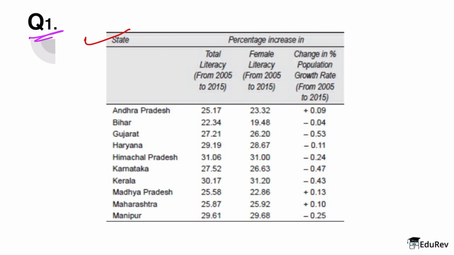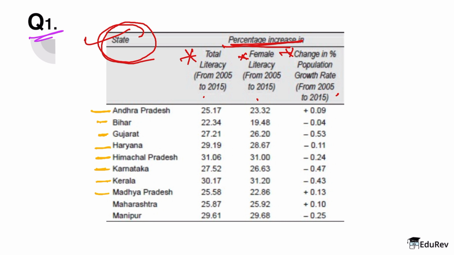First of all, this table is showing me some states and the percentage increase in some values. The states it is showing me are Andhra Pradesh, Bihar, Gujarat, Haryana, Himachal Pradesh, Karnataka, Kerala, Madhya Pradesh, Maharashtra and Manipur. So these are the states in accordance with which I have to deal with this data.